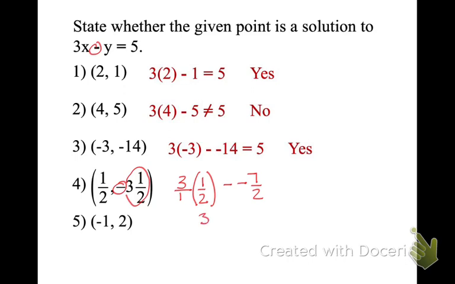So we get 3 over 2 plus 7 over 2. Is that equal to 5? That's 10 over 2, and is that equal to 5? Yes, it is. 5 equals 5. So, yes, it's a solution. Pause the recording if you need to look at that further.